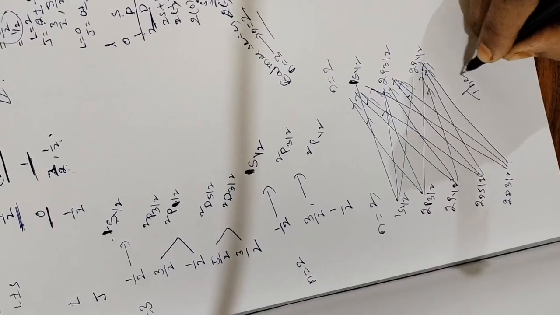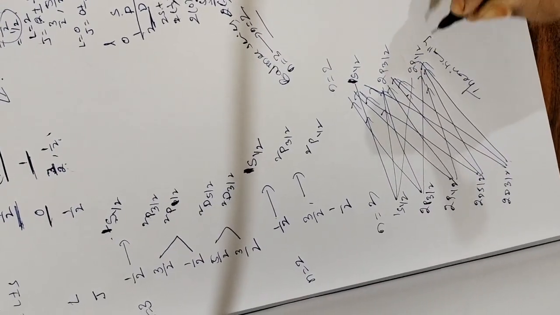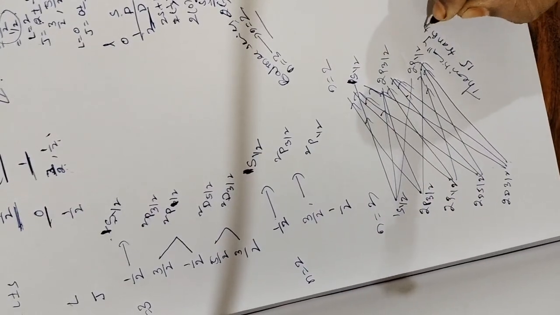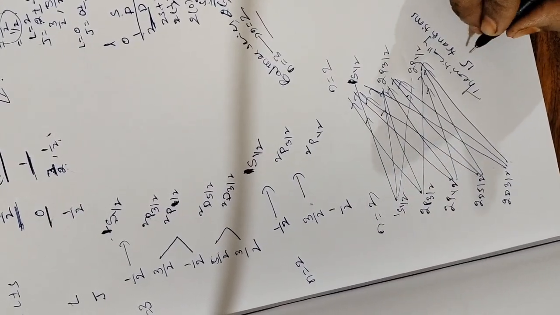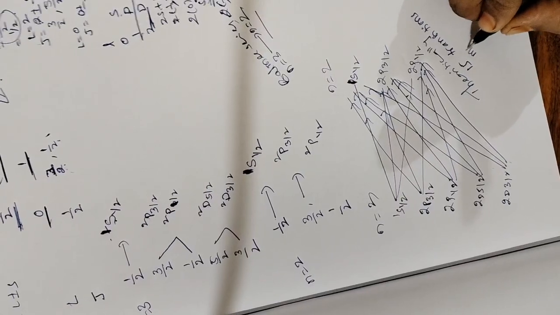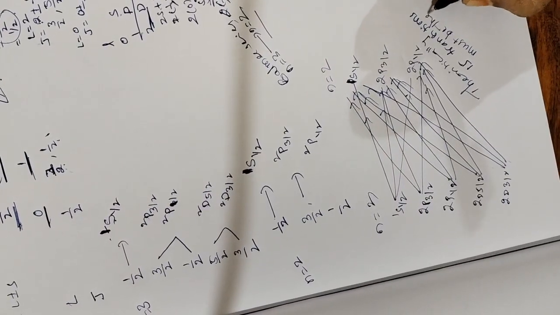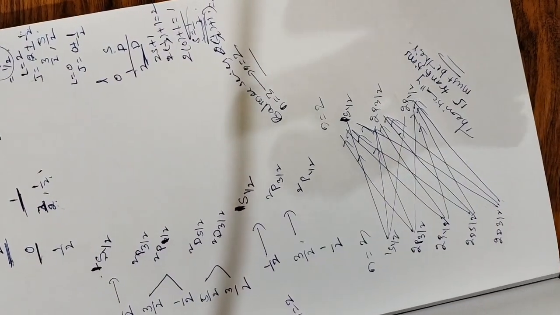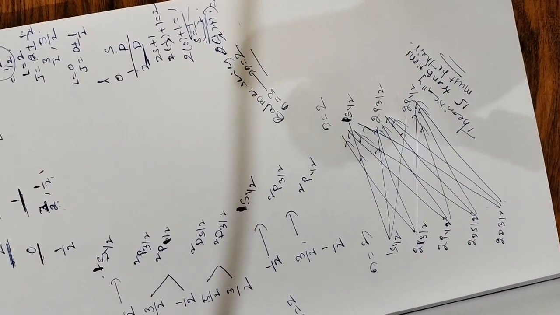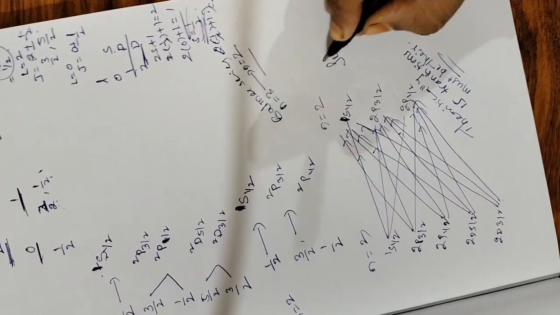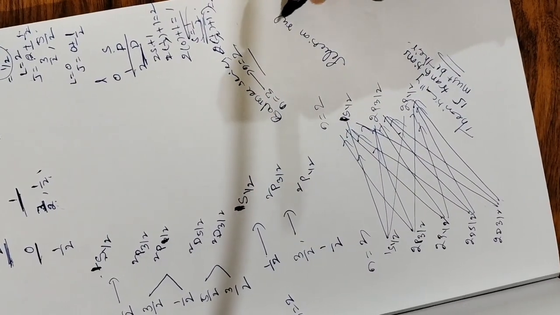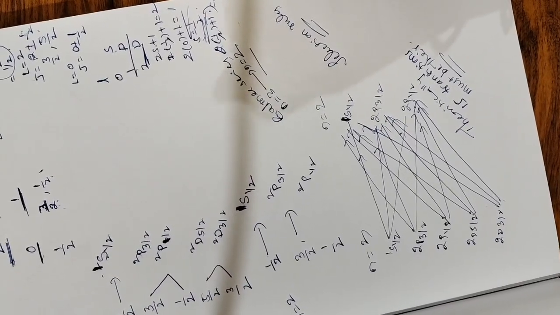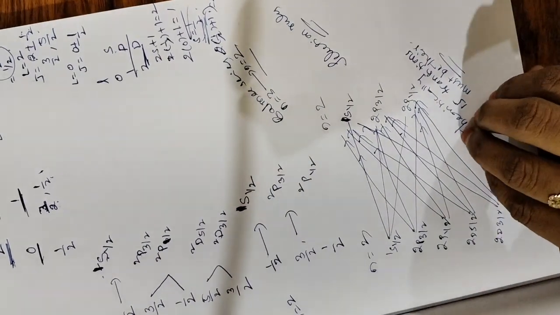So theoretically, how many transitions are possible? 15 transitions must be there. But these 15 transitions are not possible. So here, now we will apply selection rules. And we will write the transitions. Now let us apply the selection rules.